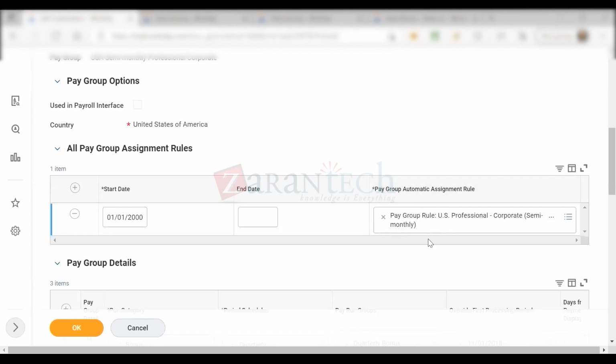And if HR forgets to assign the pay group, this auto assign rule will assign the correct pay group onto the worker record, and eventually they will get processed into the correct pay run. This is very important. These are the small things where we can gain efficiency, and these are the things which actually wow the customer. So always make use of this, and it is very easy.